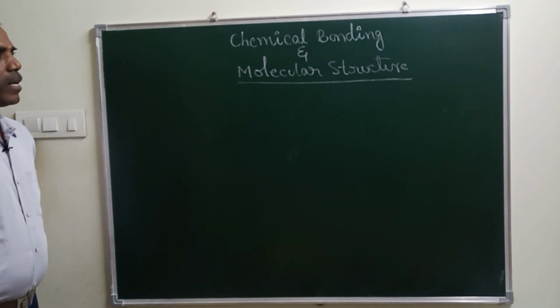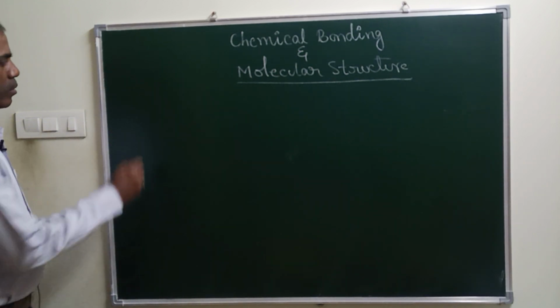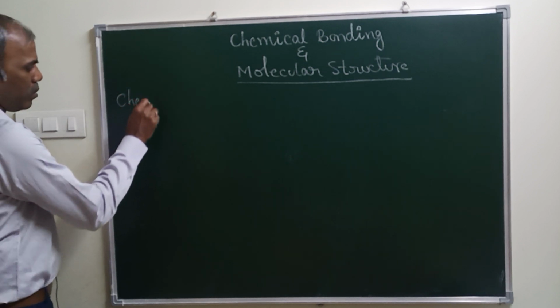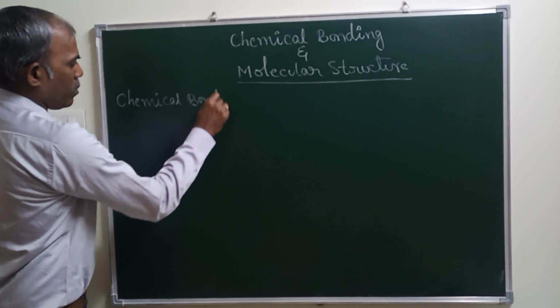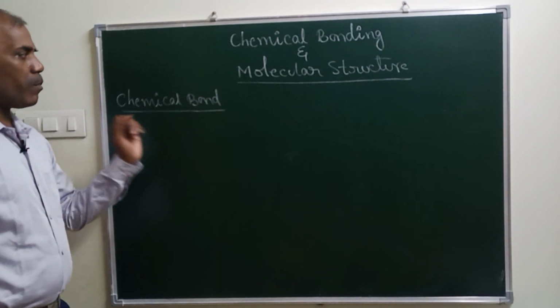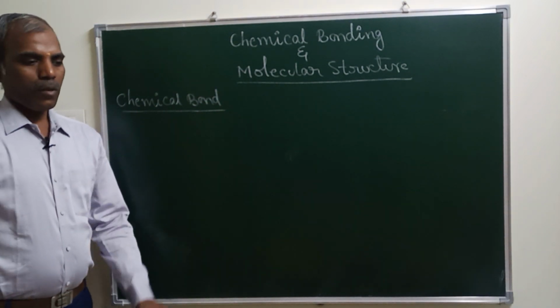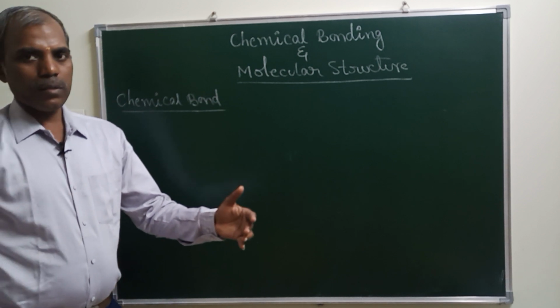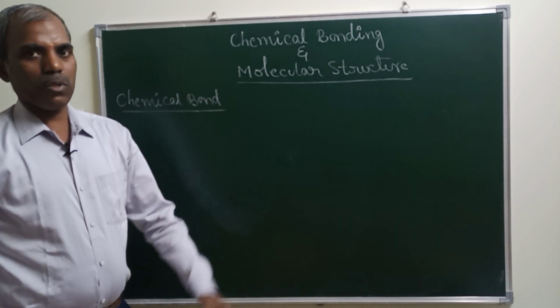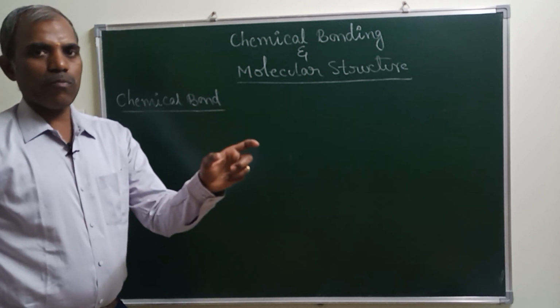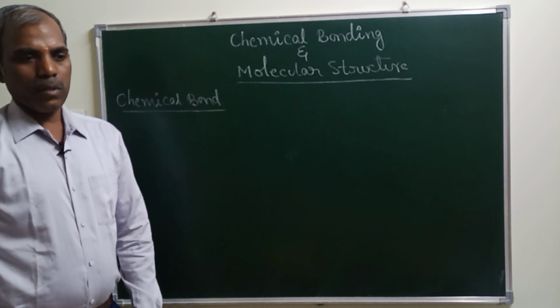Now let us understand what is chemical bond. Chemical bond is the bond between chemical species. Wherever there is a bond, that means a relation. Relation is observed whenever there is a force of attraction.